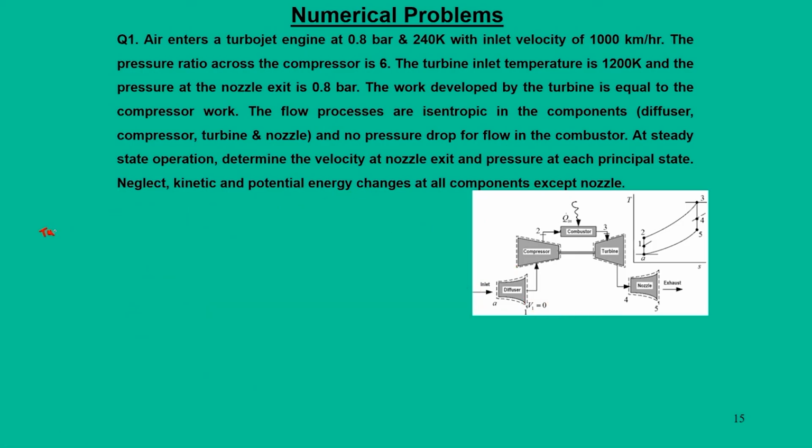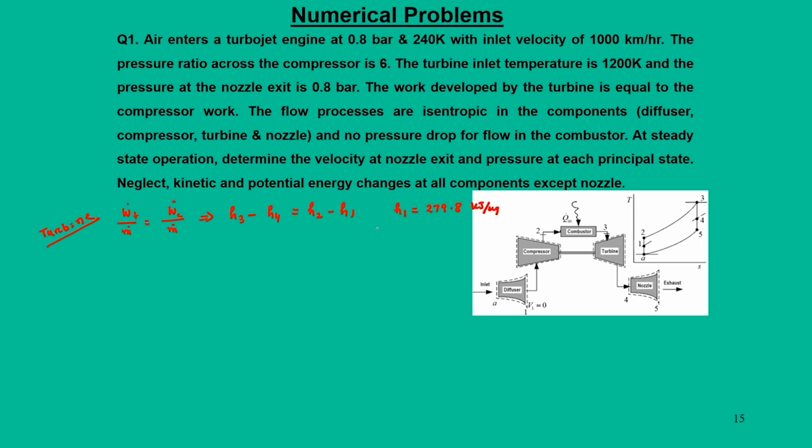Then we move to the turbine. For the turbine we write the working equation, that is WT by m dot is equal to WC by m dot. So this becomes H3 minus H4 is equal to H2 minus H1. For all the numbers, we have calculated H1 is 279.8 kilojoule per kg.